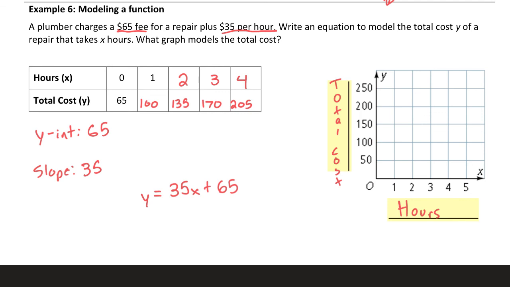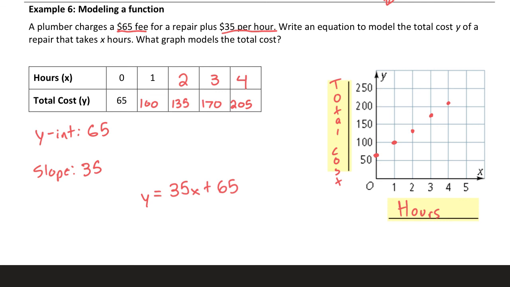We're going to have to do some estimation here. So the point (0, 65), I don't know, between 50 and 100. 100 is going to be easy to graph. 2 and 135, a little bit closer to 150. 3 and 170, pretty close to the middle of 150 and 200. And then 4 and 205, just above 200.